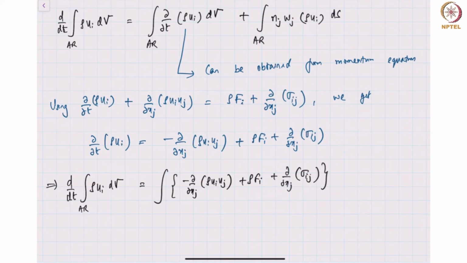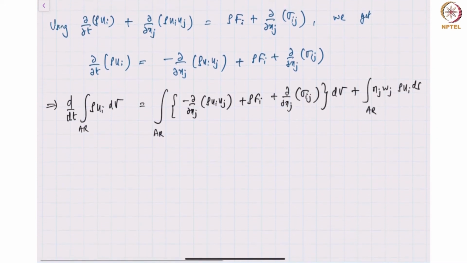I have these three terms: convective derivative, body force, and the gradient of the stress. This is the volume integral, plus what's happening to momentum at the boundary. It will be momentum flux at the boundary.